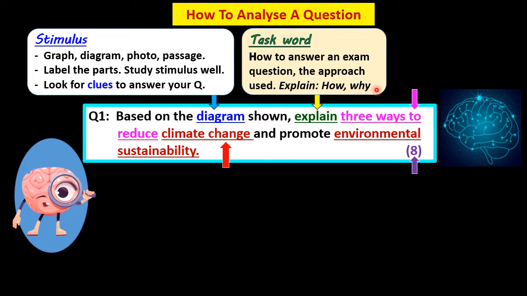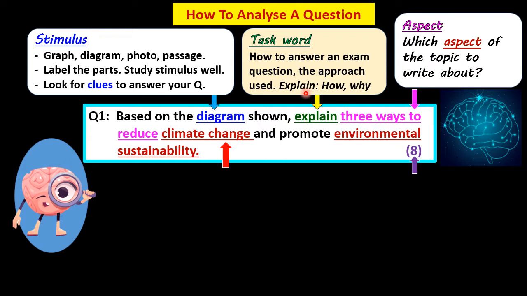So there are 5 components to use. You can ask yourself all these questions when you're explaining something. This is one of the most common task words in our SPM biology essay questions: explain.